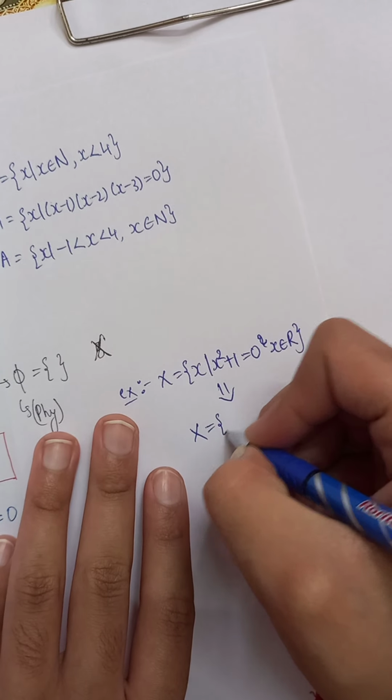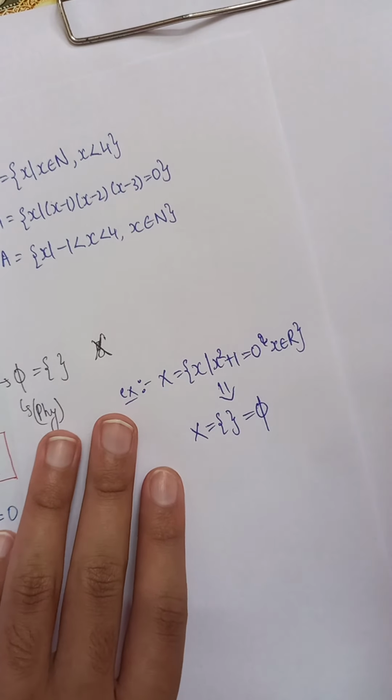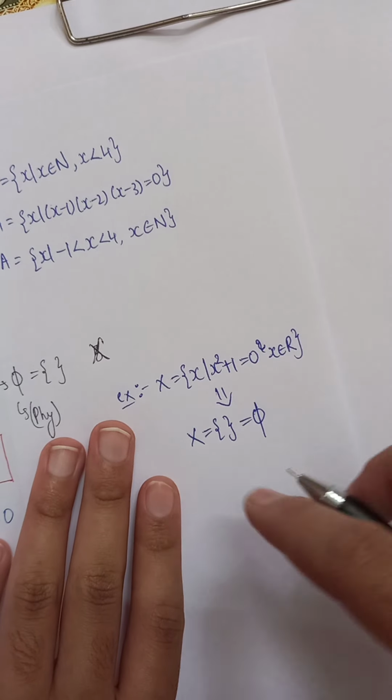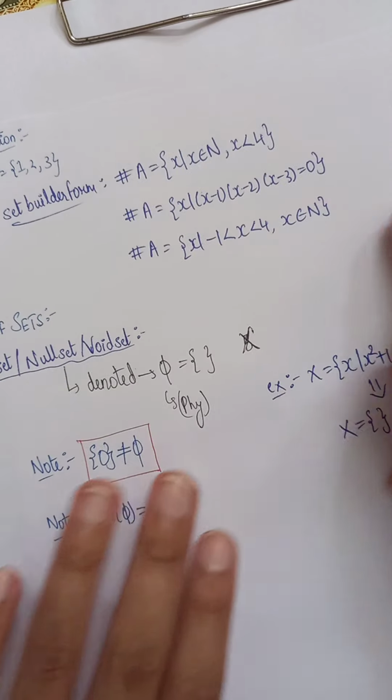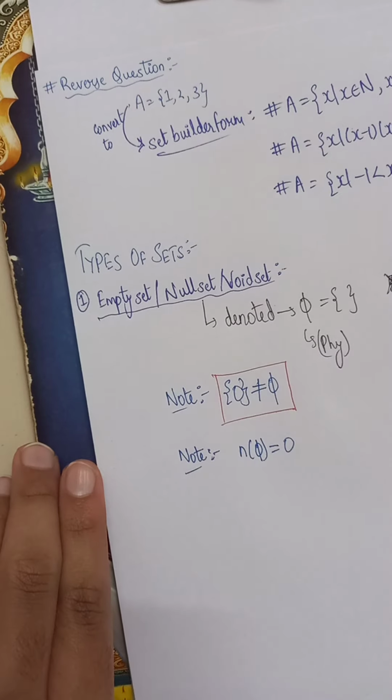There is no such value of x which satisfies x square plus 1 equal to 0. So X is equal to phi. Moving on to the next type.